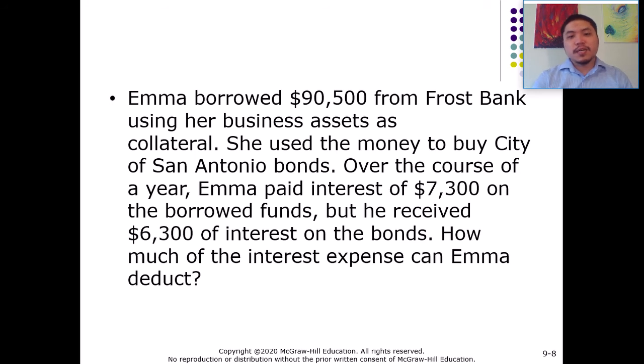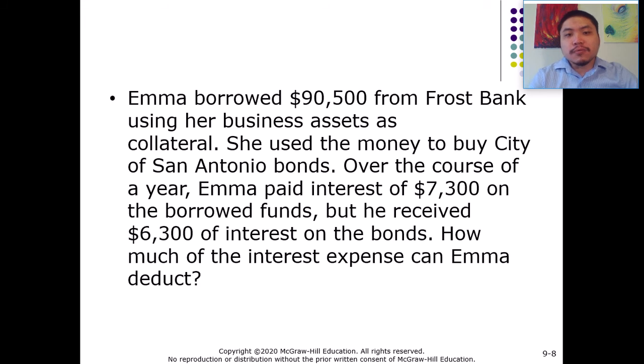So obviously, the expense Emma is paying is to pay off the loan she used to buy the bond of the City of San Antonio, which is a municipal bond, so it's tax exempt.